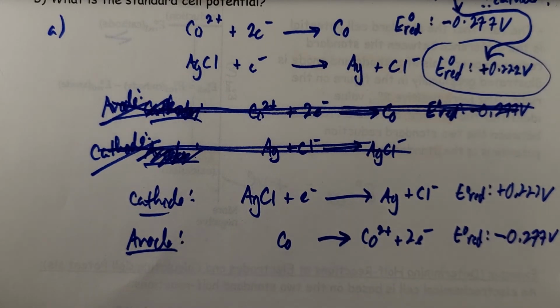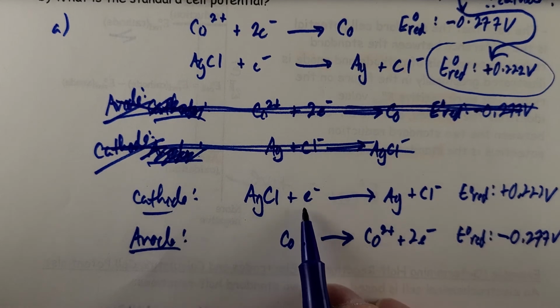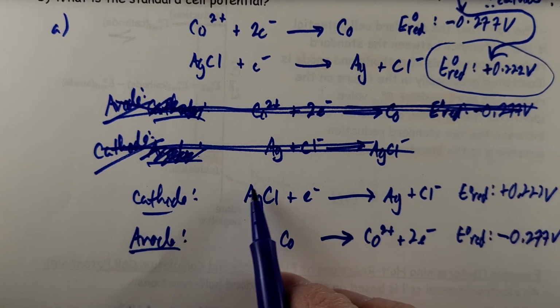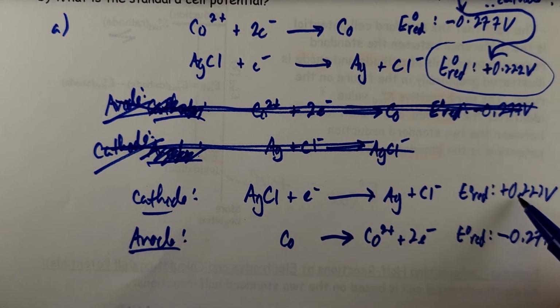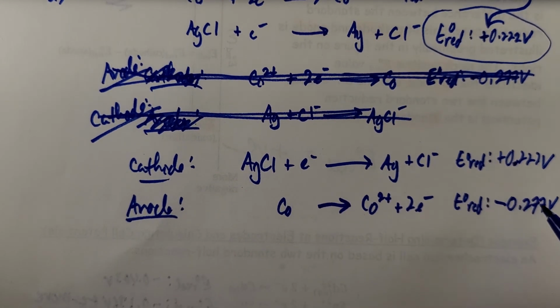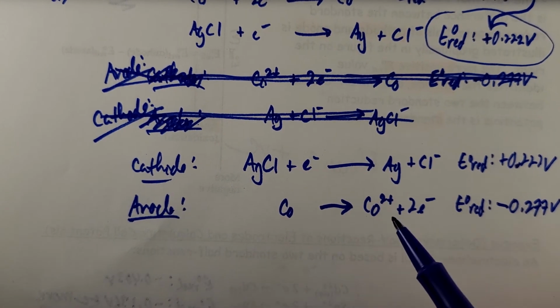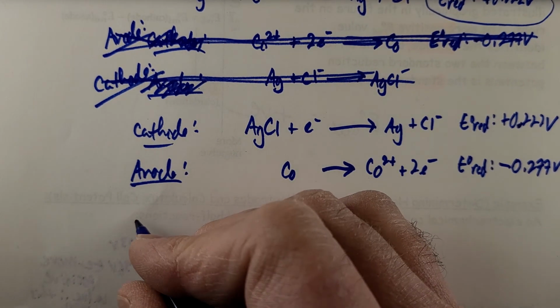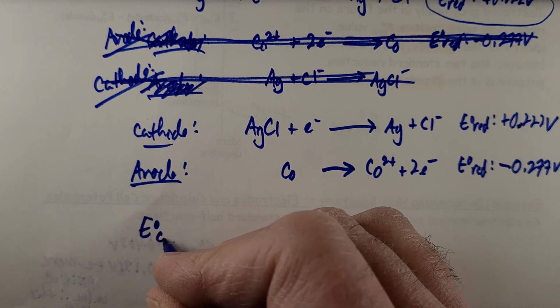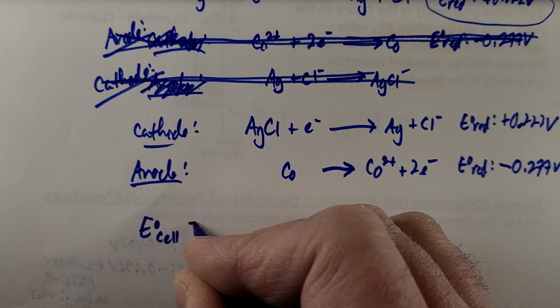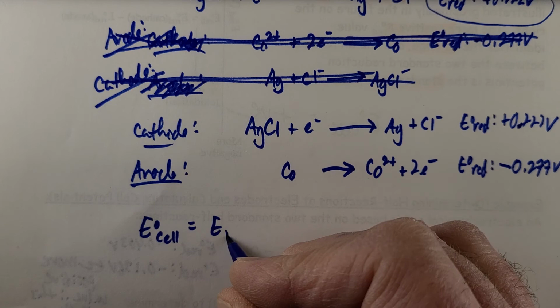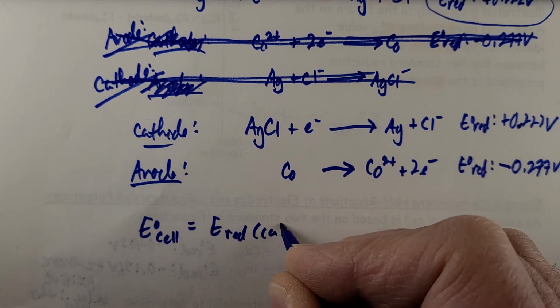And of course here you can change this to 2 electrons. We could double everything up here, but we don't need to, because we're not concerned about the overall reaction. We want to figure out E cell. And multiplying by 2 or by 3 does not change the E cell value or the reduction potential. So I can just simply leave it as is.